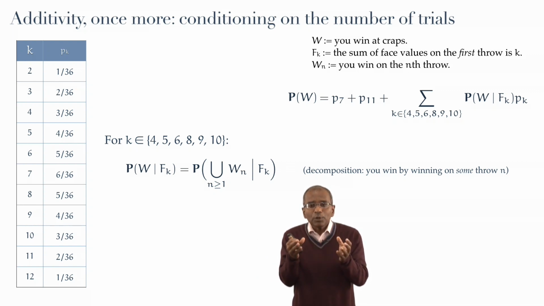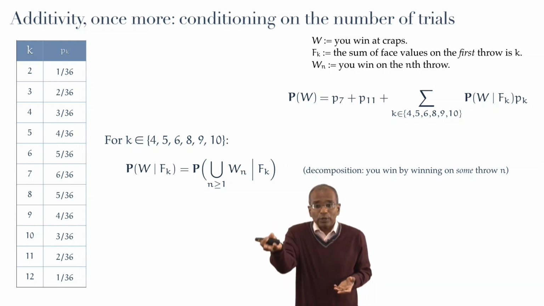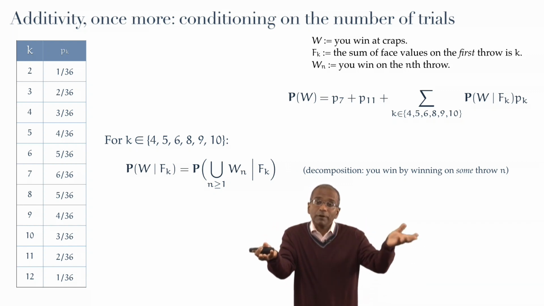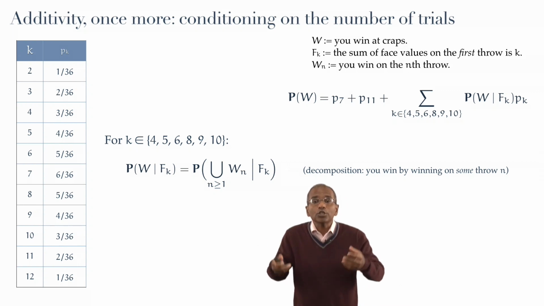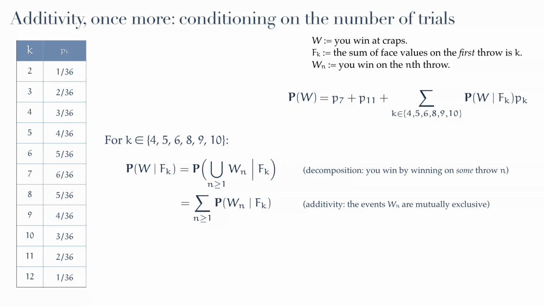But the events Wn, W1, W2, W3, and so forth, are clearly mutually exclusive. They are disjoint. If you win at all, you might win on the third trial, but in that case, you haven't won on the fifth trial. These are disjoint or mutually exclusive events. And additivity immediately rides to the rescue, and so the probability of the union is a sum of the conditional probabilities.